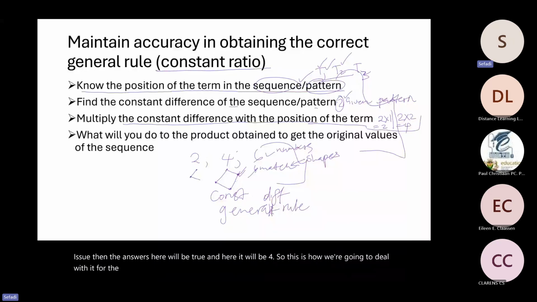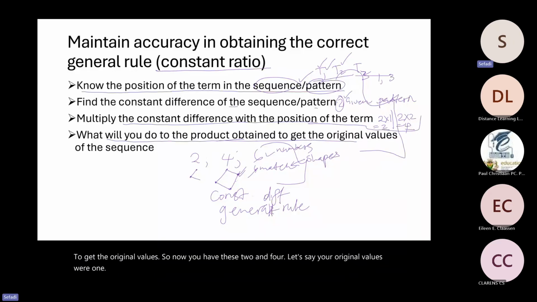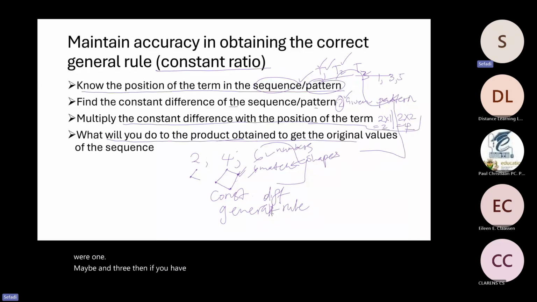Then the first step, you find out what will you do to obtain the original values? So now you have these 2 and 4. Let's say your original values were 1, maybe, and 3. Then if you have 1, 3, 5, it means that you will say from 2, what am I going to do to get 1?